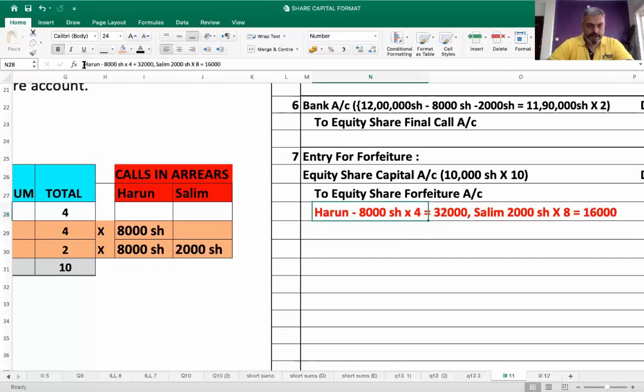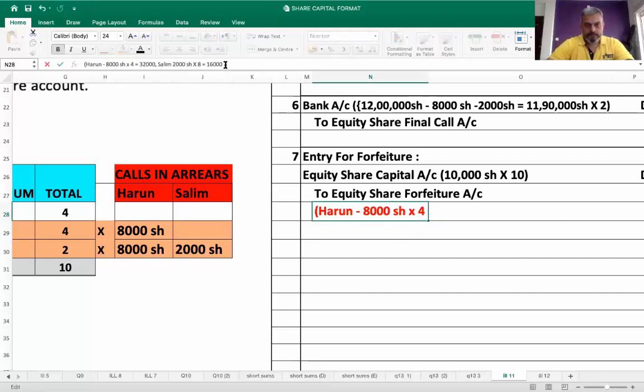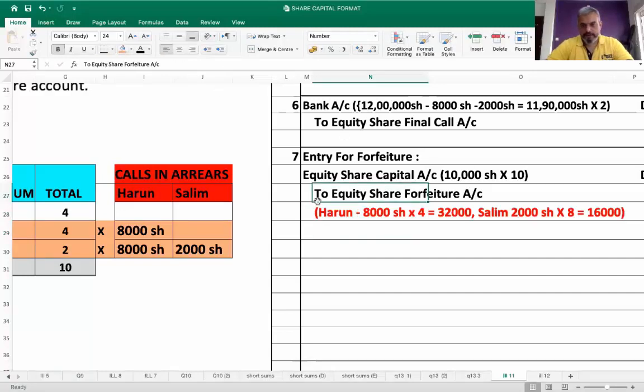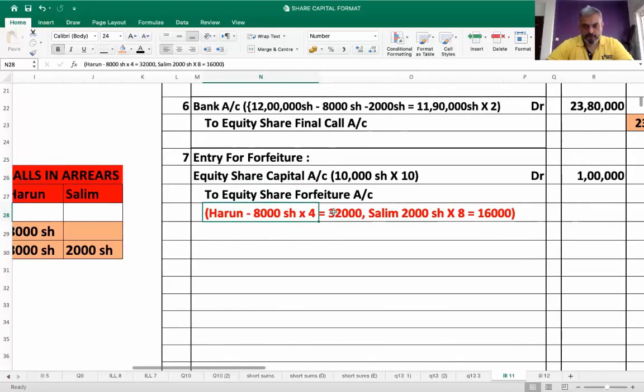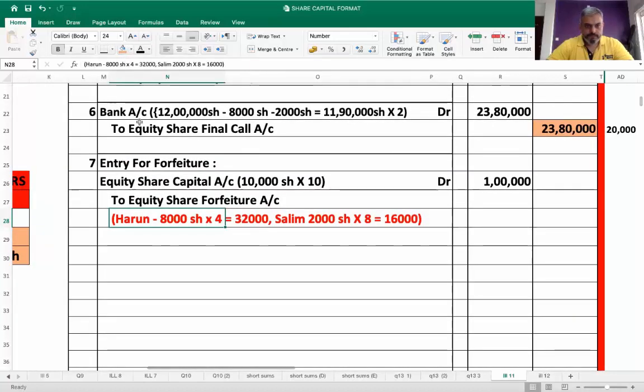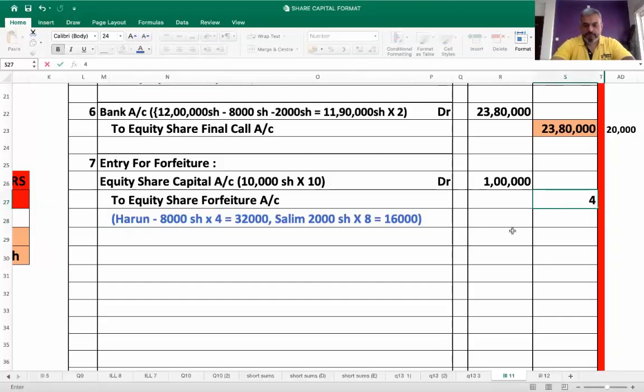So write this in bracket. This working is must compulsory for you all. So 16 and 32 is 48,000.